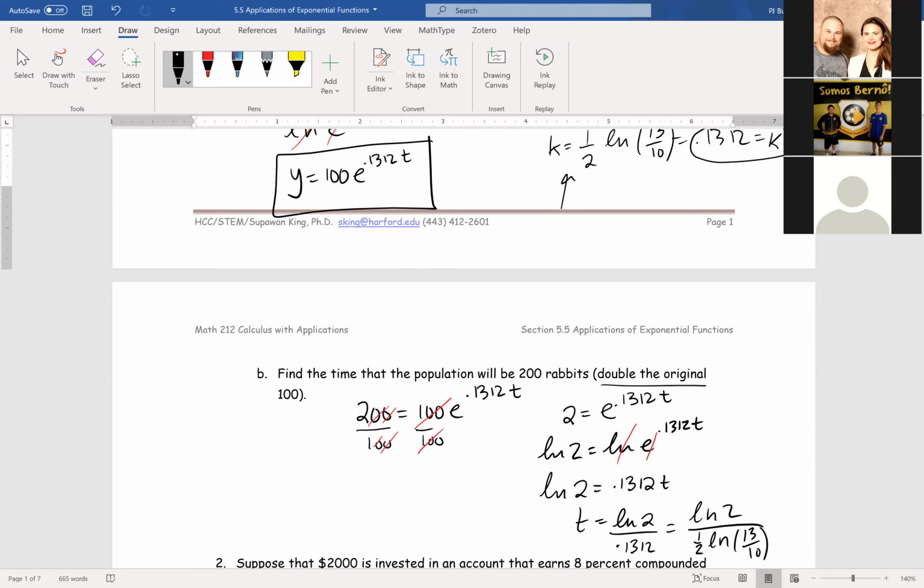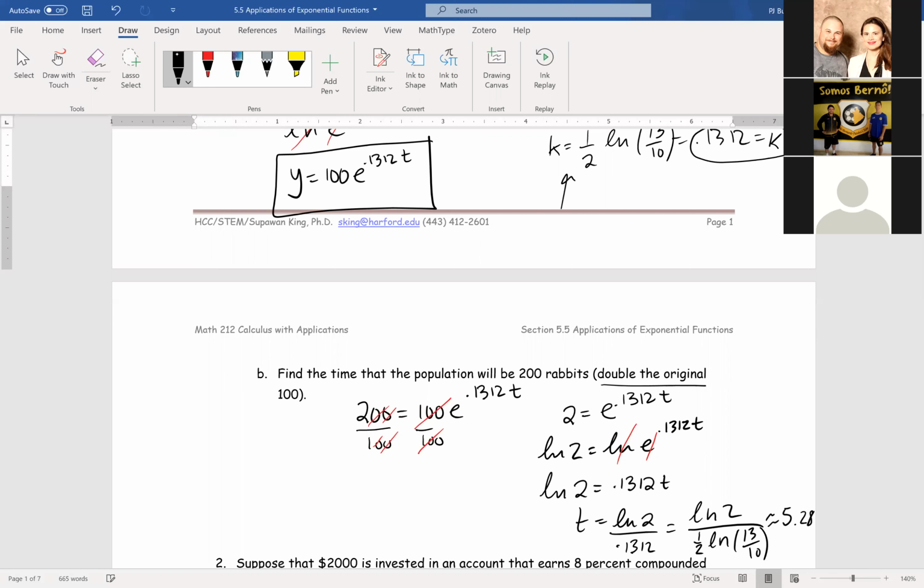So we calculate that. Looks like it comes out as 5.28.